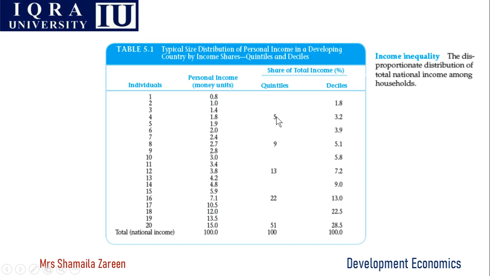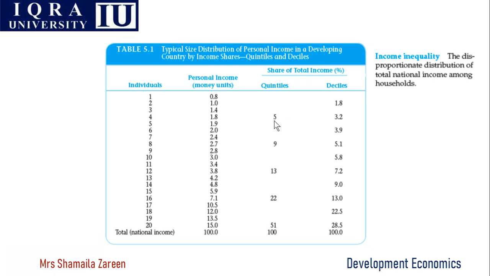The first quintile shows the bottom 20% of the population on the income scale. This group receives only 5% of the total income. If you add from 0.8 to 1.8, you will get the value of the first quintile, and people are getting only 5% of the income.